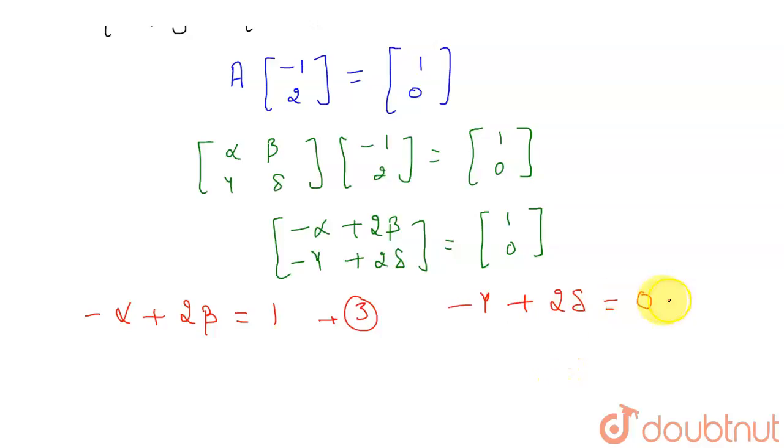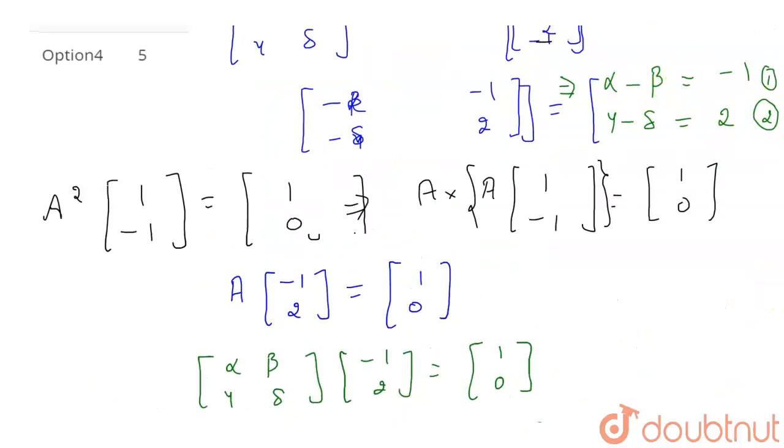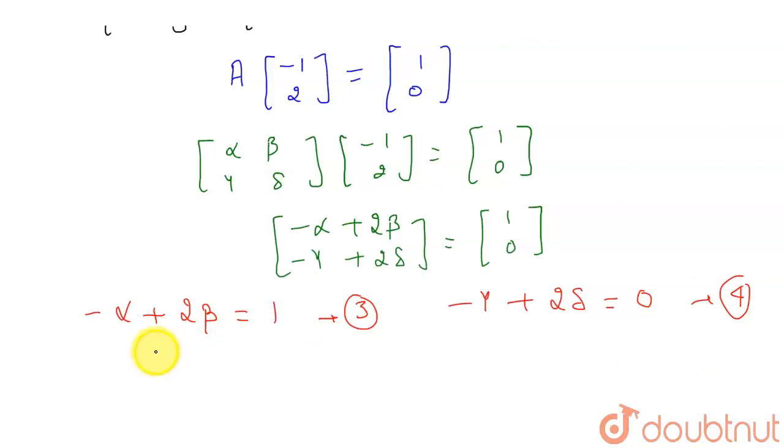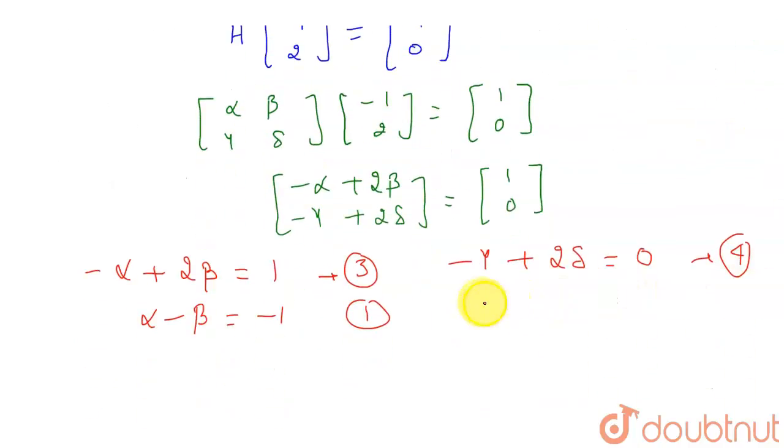Now let me rewrite my first and second equations below. My first equation is alpha minus beta equal to minus 1, and my second equation is gamma minus delta equal to 2.